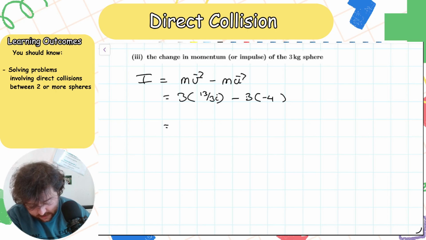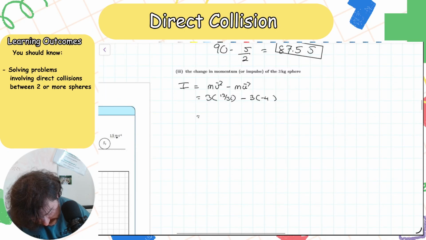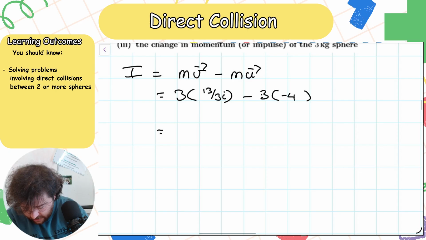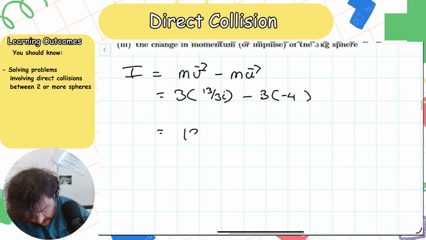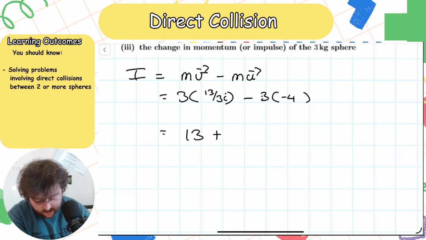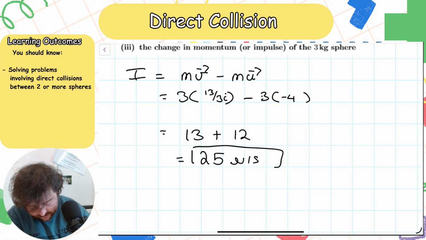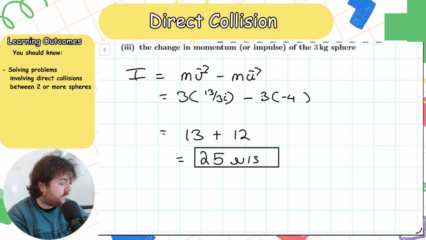So the impulse here is 13 plus 12, which is equal to 25 Newton seconds. 25 Newton seconds, that is my impulse.